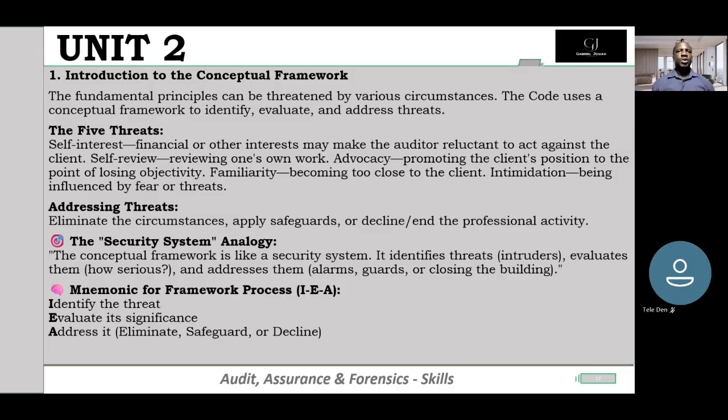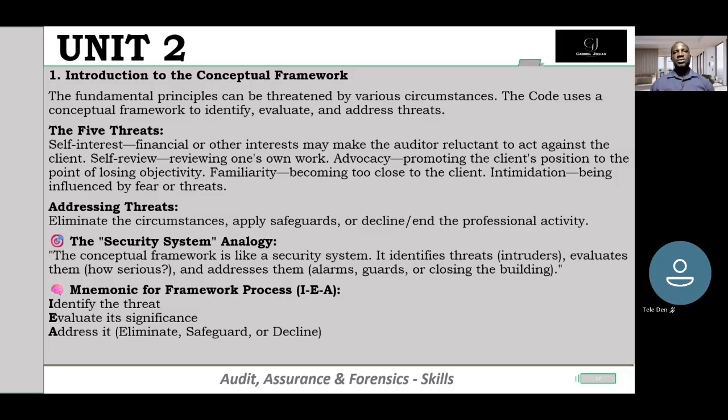So think of this conceptual framework like a security system. It identifies threats, like intruders, it evaluates those threats, how serious they are, and it addresses them with either alarms or guards, or closes the building.